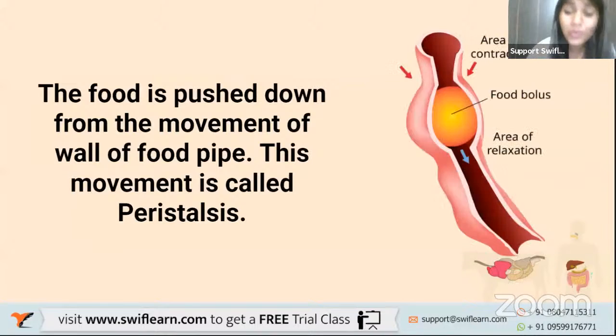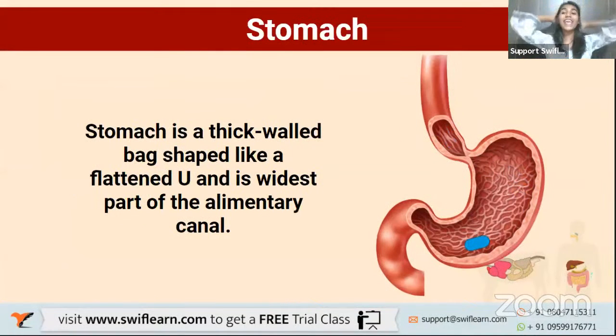Clear? Moving ahead to the next part of your alimentary canal, which is your stomach. The stomach is a thick-walled, bag-like structure which has a flattened U shape. It is bag-like because if you eat a lot, it expands, and if you don't eat, it contracts.